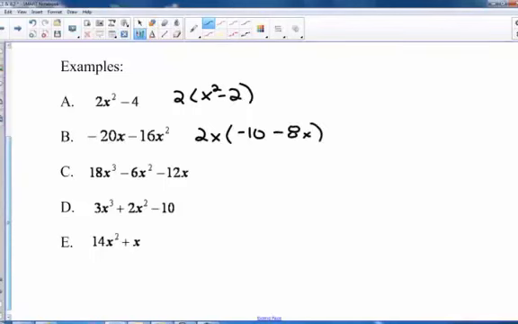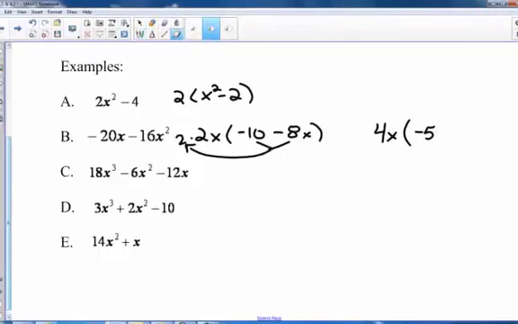Now, 10 and 8 still have a 2 in common. So instead of taking a 2 out, I could have taken a 4 out, because if I take the 2 out of this and put it out front here, that means I could have taken a 4 out. So if I take the 4 out, I would have been left with negative 5 minus 4x, negative 5, there's no x in the front, minus 4x.